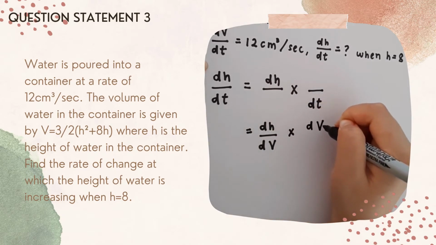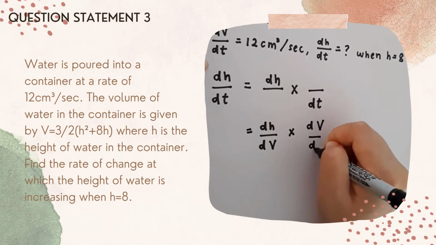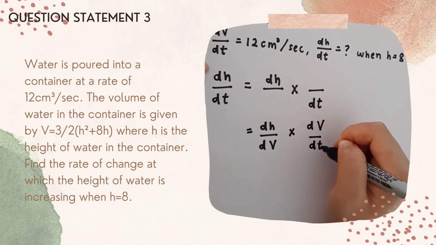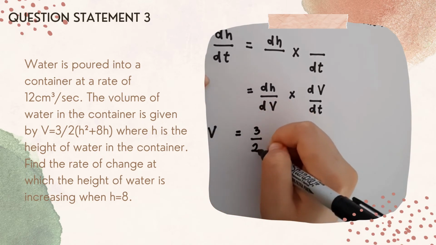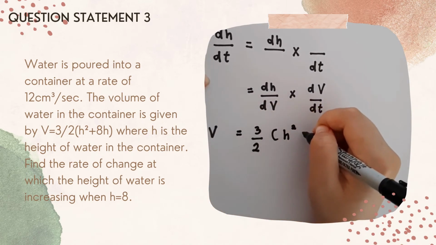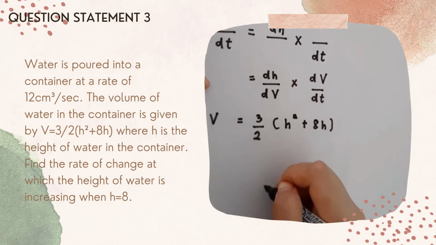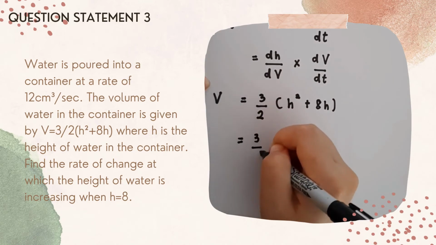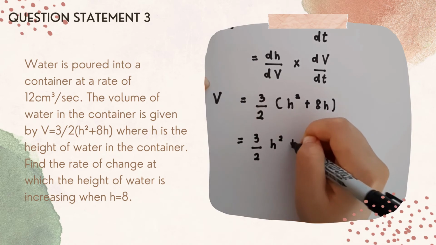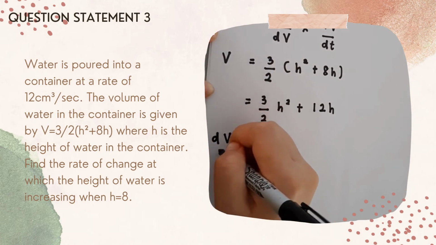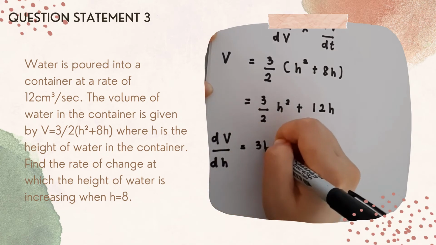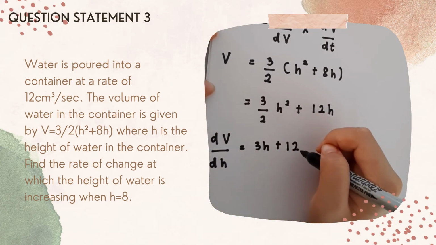dH over dt is equal to dH over dV multiplied with dV over dt. Next, the volume of water is given in the equation, so we need to expand the equation given. And then, insert the equation that has been expanded into the dH over dV, multiplied with dV over dt.